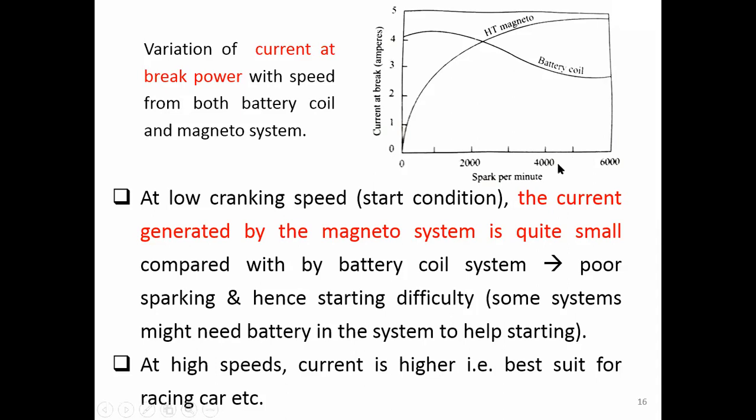And when you look at the battery coil at high speed, the current is much lower than the magneto system. That's why this battery coil is not suitable for the racing car, because it gives you a lower current, and that means you will have a poor spark at the spark plug.